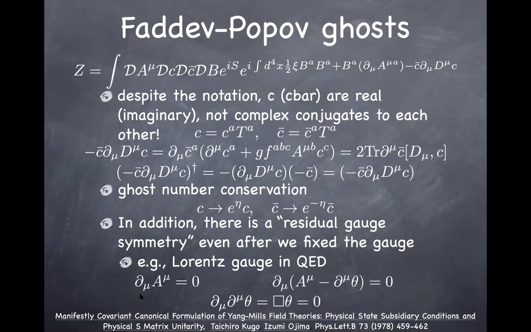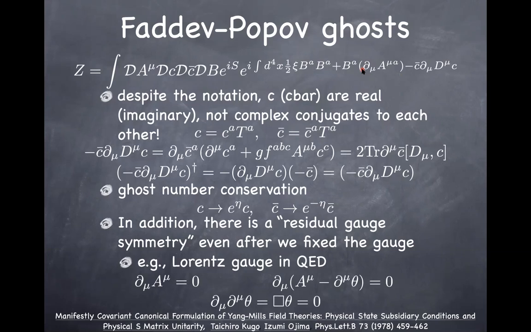So even after choosing Lorentz gauge, there is still a residual gauge symmetry. There's still a limited choice of gauge transformations you're allowed to do, even after the gauge fixing condition. What we have done here is sort of an analog of the Lorentz gauge for the generalized non-abelian gauge theory.